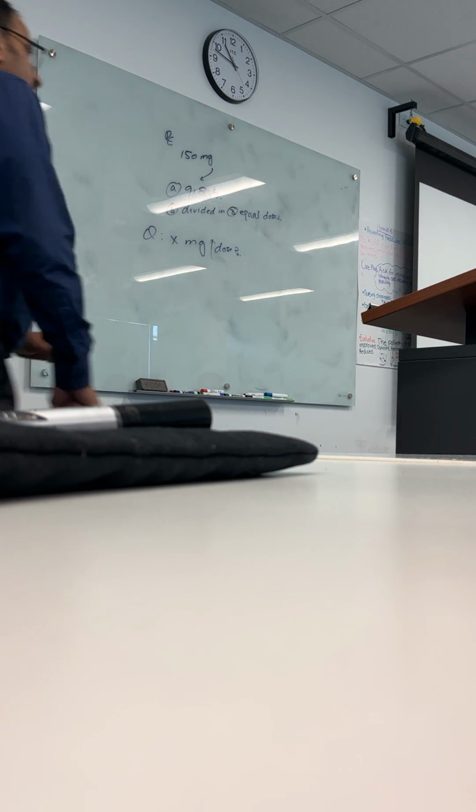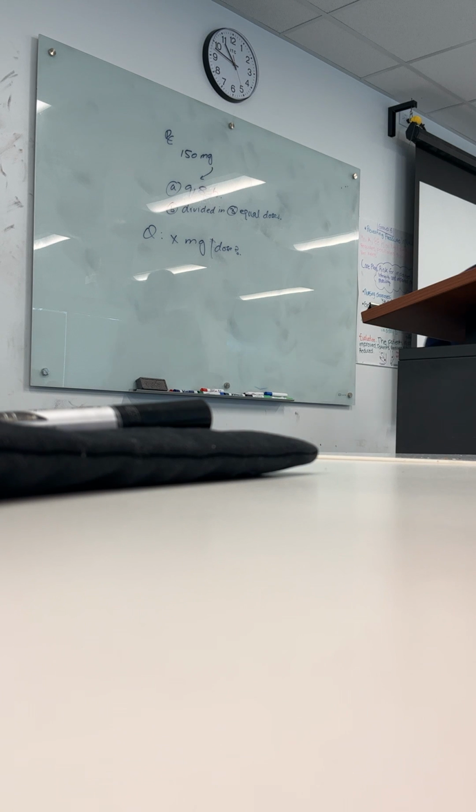So the first one, 150 milligrams every 8 hours. So now we have to do it every 24 hours. Sometimes we have to administer it to the patient, right? We're gonna do 3 times in total. Number B is saying divided in 3 equal doses. So now we have 150 divided by 3.